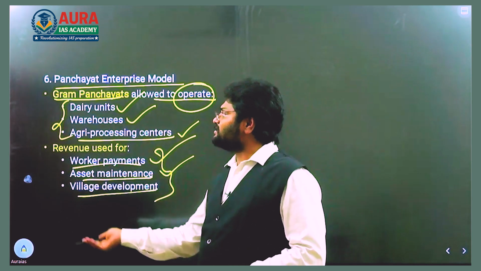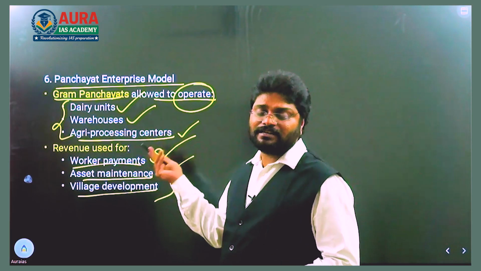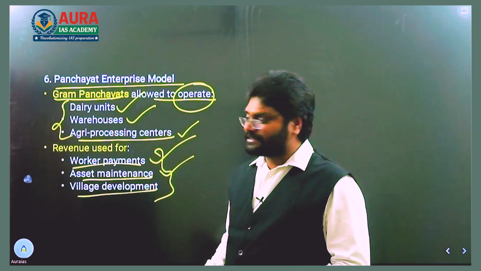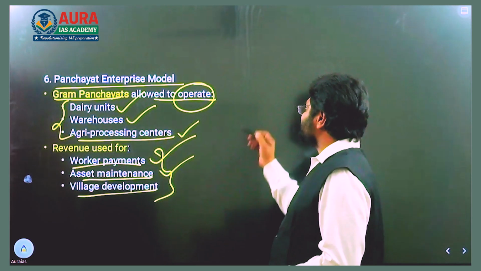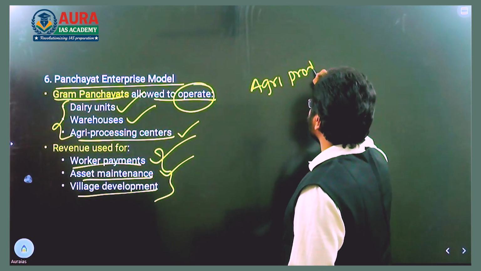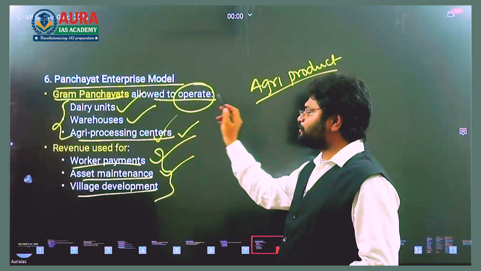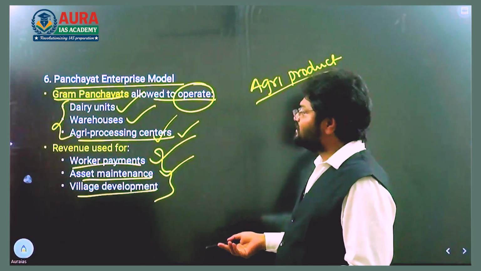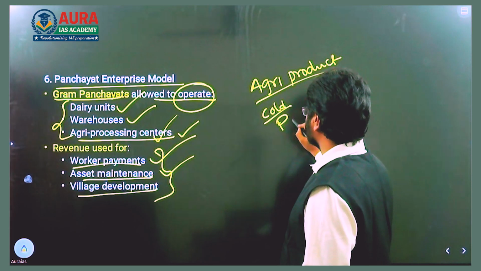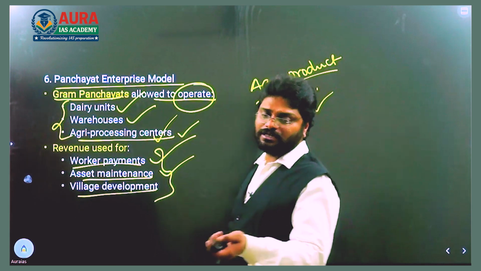So by following this Panchayati enterprise model, villages themselves earn the money. They can spend it on village maintenance. And you should remember agricultural products are wasted every year due to lack of agri processing centers. First thing. Second thing is lack of cold storage, lack of proper roads or transportation to reach these perishable goods into the market.